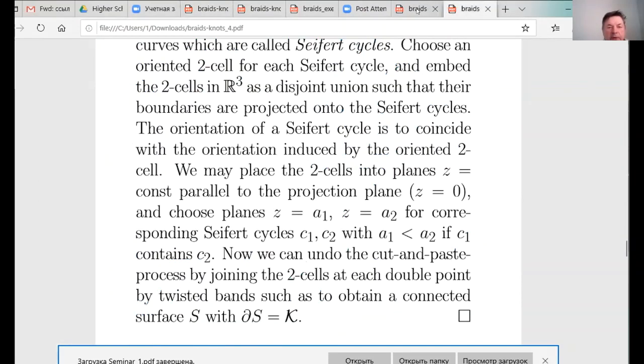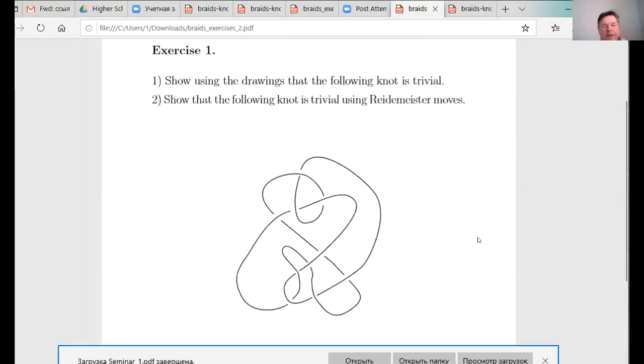Then we return. So, Raphael, do you have ideas? Well, my question is, for example, we have a knot on the top, right? But even if we want to use a Reidemeister move, we have a problem because behind it, we have a problem to use it here. Yes.